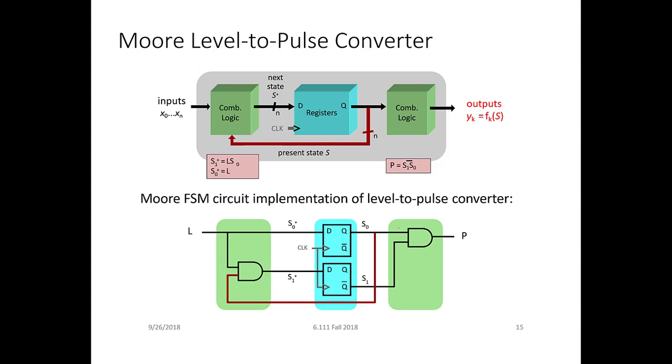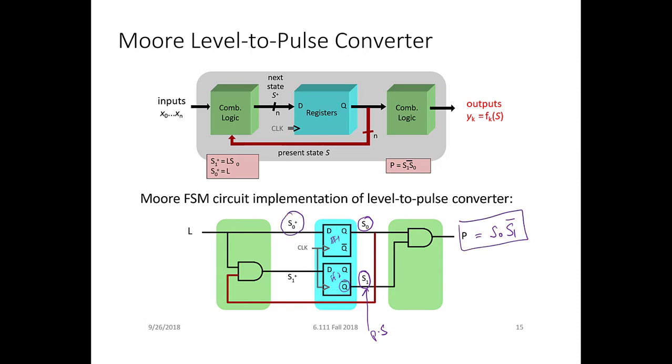You have two states. This is the present state, and because we have 2 bits, we use 2 flip-flops. This is flip-flop 1, flip-flop 2. Then the equation for the output was S0 S1 bar, so we connect this to Q prime and this to Q. So this is our output.